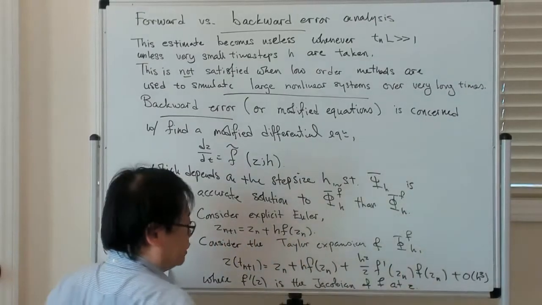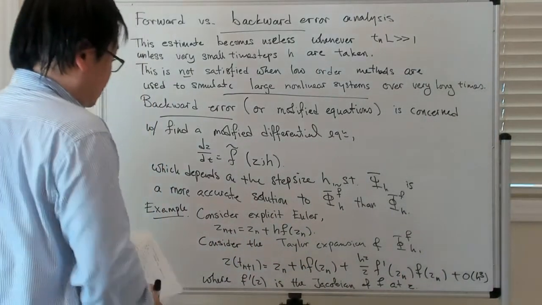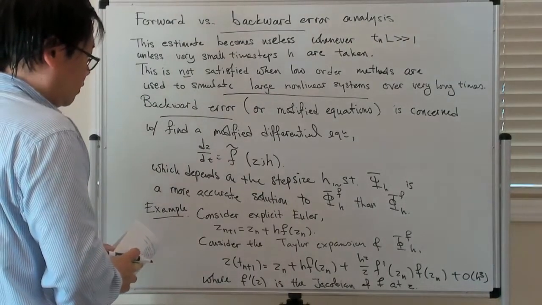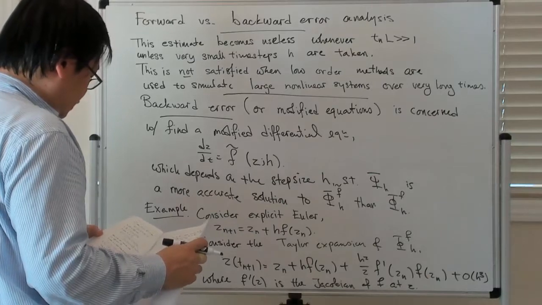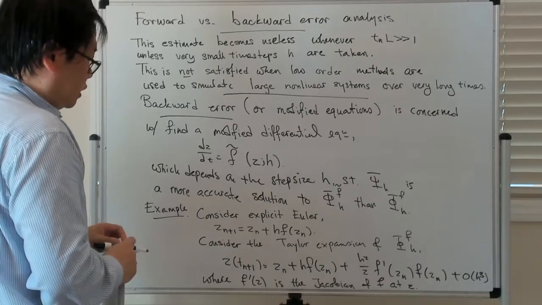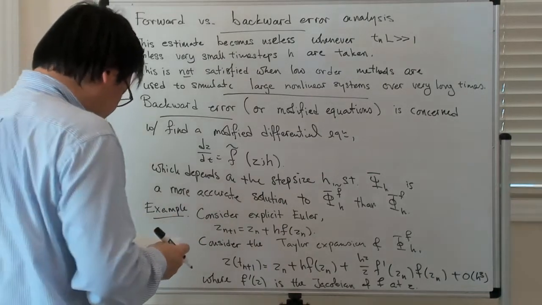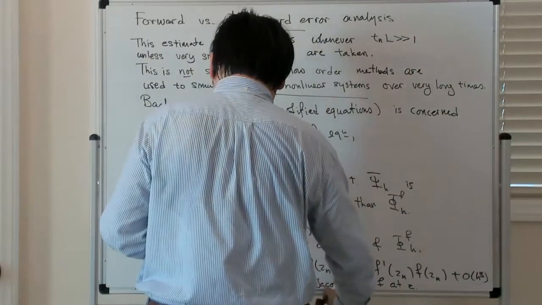Okay, so this is of course just the usual Taylor expansion. All right. So what you want to do then is think of this as wanting to modify the vector field basically. So how do you do this?